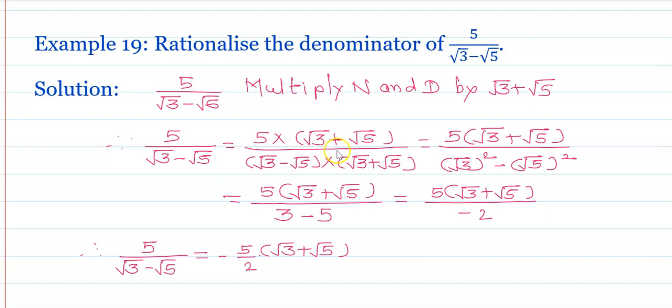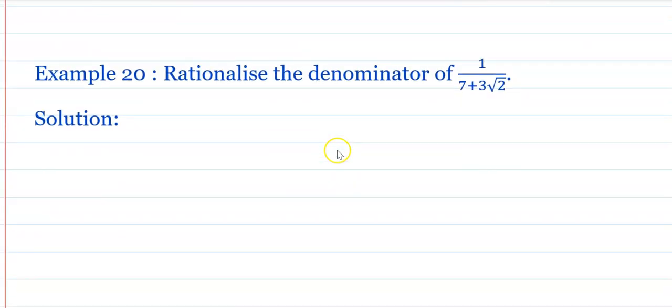Okay, now the next example. Rationalize the denominator of, what is the example? One upon 7 plus 3 root 2.